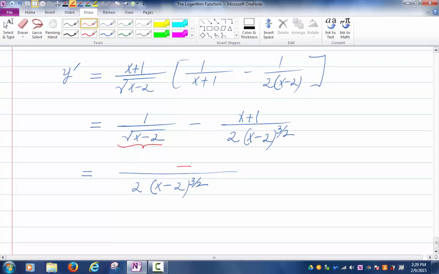You end up with what? 2 times x minus 2, right? And then the second one will be just x plus 1 here, right? You agree? And what is that? 2x minus 4 minus x, so that's x. Minus 4 minus 1 is minus 5.